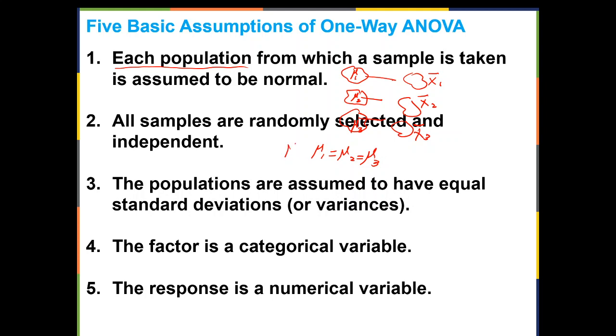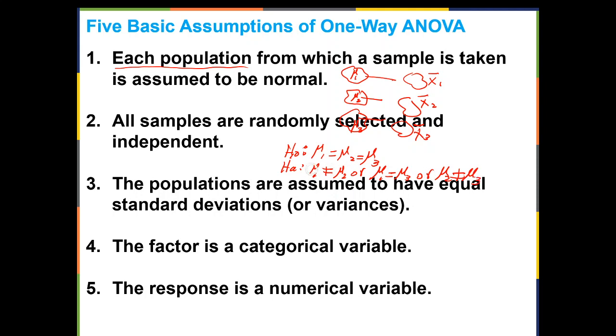So if this is the null hypothesis, the alternative hypothesis would be that at least one of these is not equal to another one.